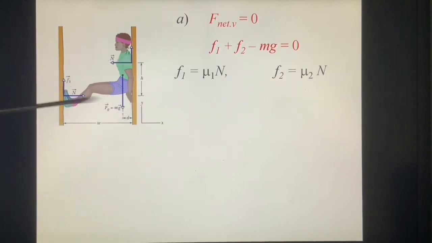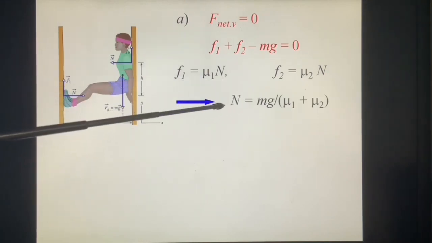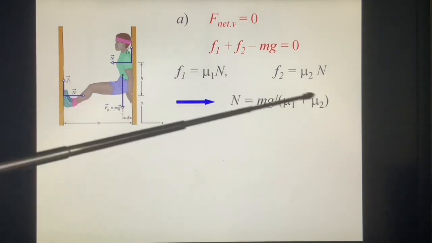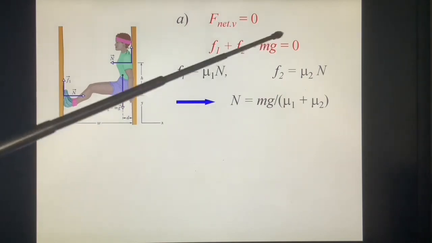Why? Because you look at this balance along the x direction, sigma F equals 0. So in this case, I get the normal force N should be mg over mu1 plus mu2. You put this together, you get this one, right? From here.